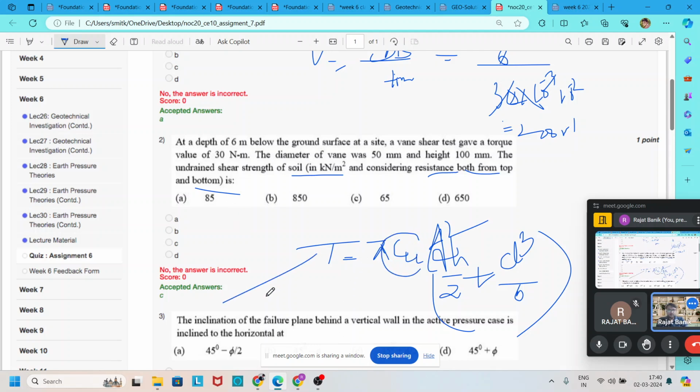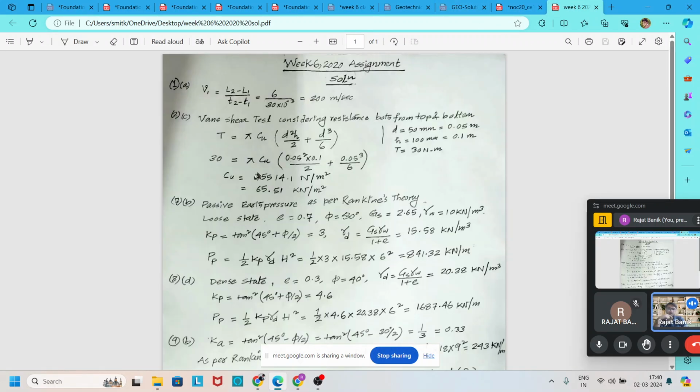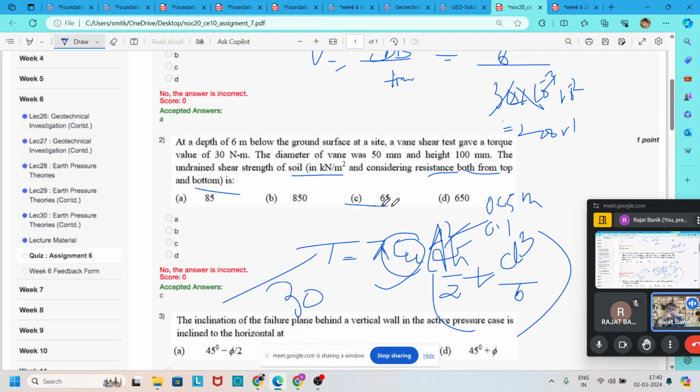Torque is given 30 Newton meter, d is given 50 mm, that is 0.05 meter, h is given 100 mm, that is 0.1 meter. So put all these values and find the cu. I also solved here, it will become 65.51. So the closest answer is option C, that is 65 kilonewton per meter square.